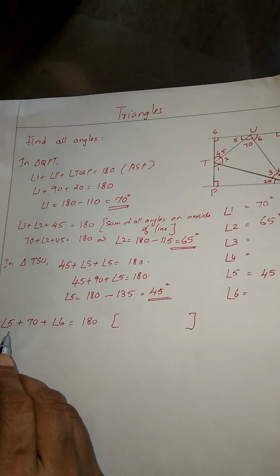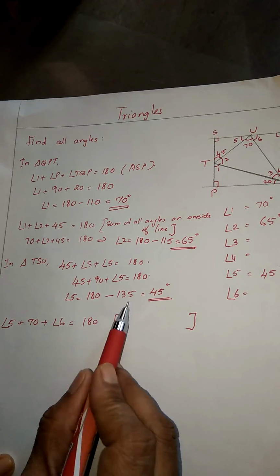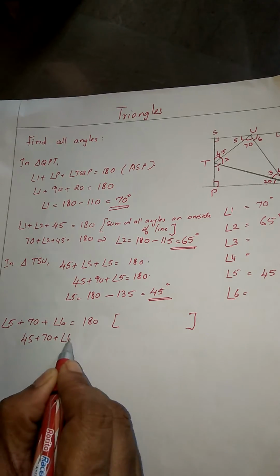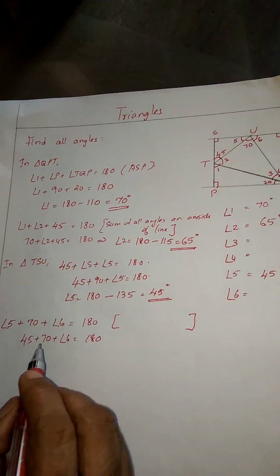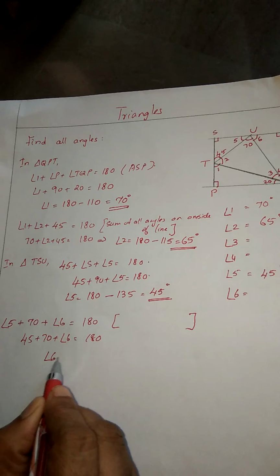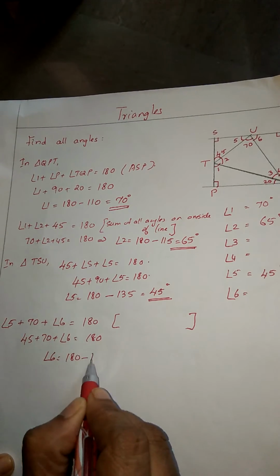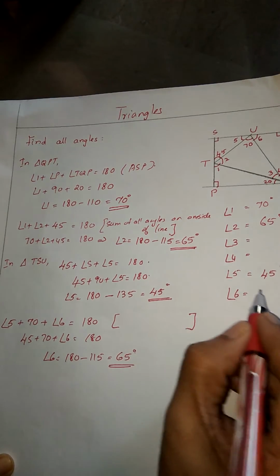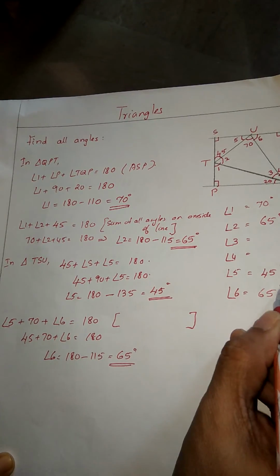Angle 5 is 45, we already got that. So 45 plus 70 plus angle 6 is equal to 180, from which you will get angle 6 is equal to 180 minus 115 is equal to 65 degrees.